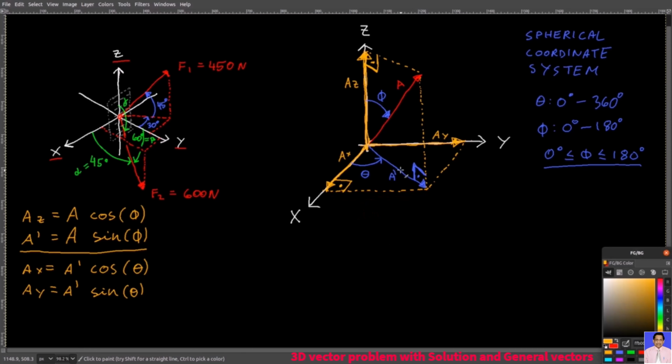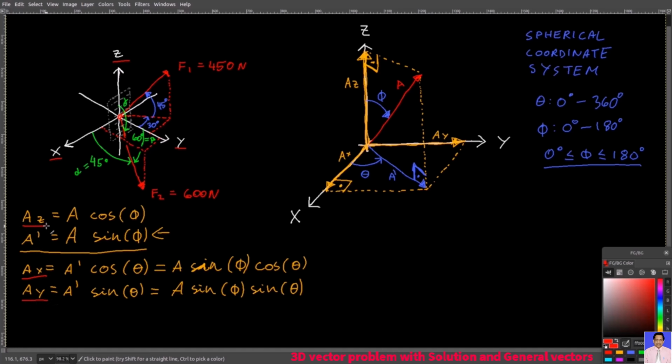However, you know what your A apostrophe is. It's this one, A times sine phi. That means that AX equals, and instead of A apostrophe, I'm going to write A times sine phi, and then times cosine theta. And then here I will have AY equals A times sine phi times sine theta. So you have your AX, AY, and AZ.